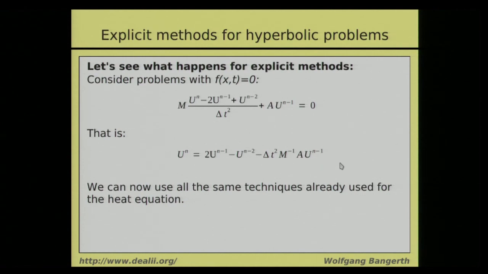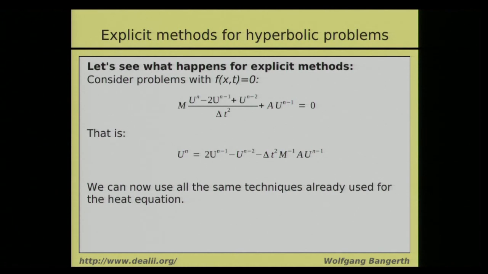All I need to do is multiply with M^(-1), and we can make the same kind of argument as in the last lecture, that basically M is something like a diagonal matrix that has entries of size h to the d on the diagonal. So it's an explicit method because I can write down u^n equals something that is immediately evaluatable. I don't need to solve a linear system for this.